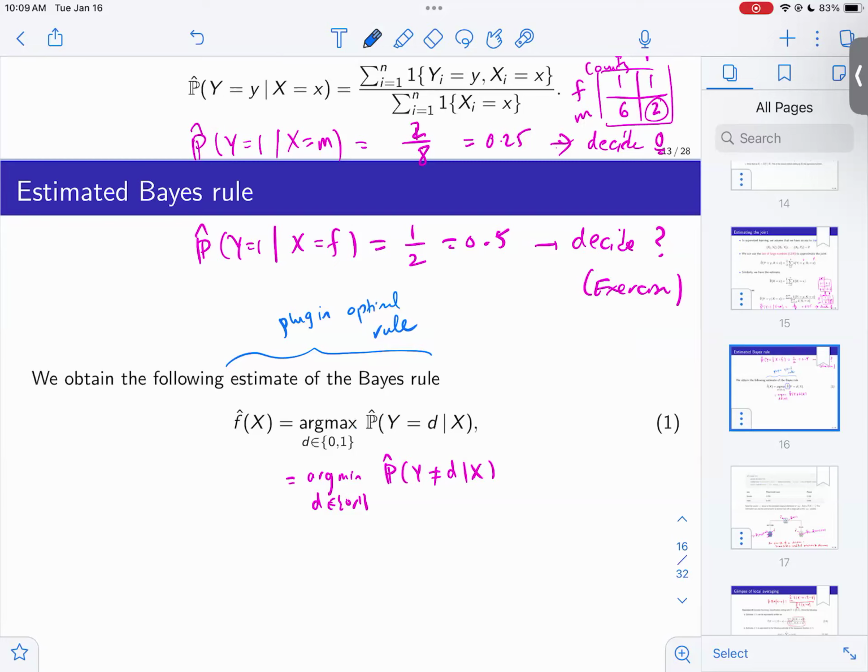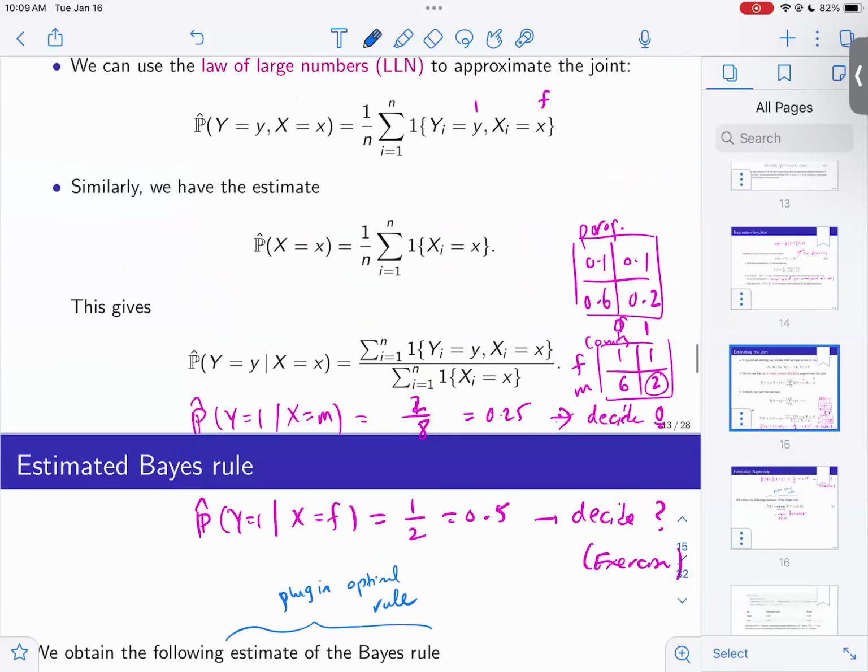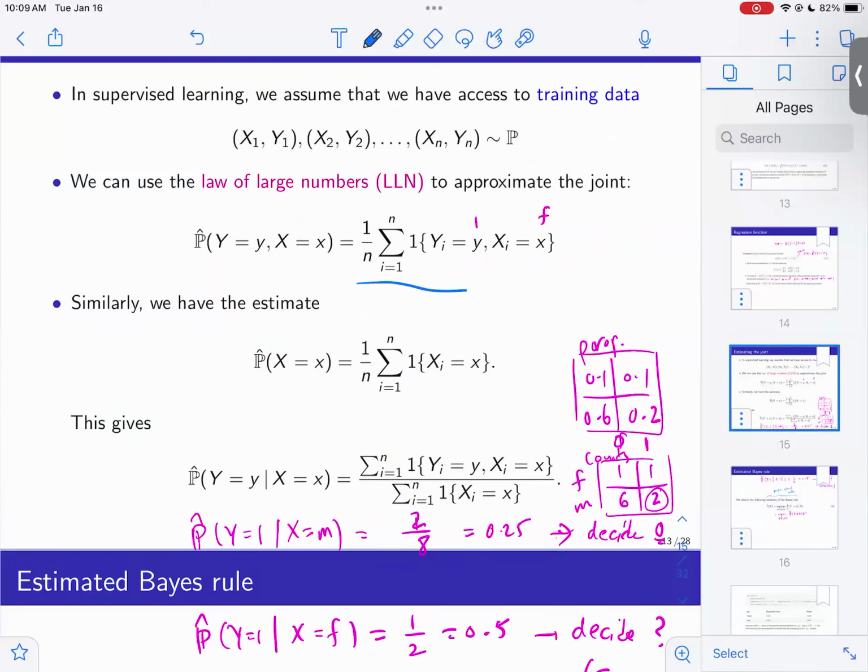And so if you go through the argument that we did, we really minimize the risk, but in this case, because I'm replacing it with this p hat, I'm really minimizing the risk with respect to this probability distribution, which is effectively giving me the training error.